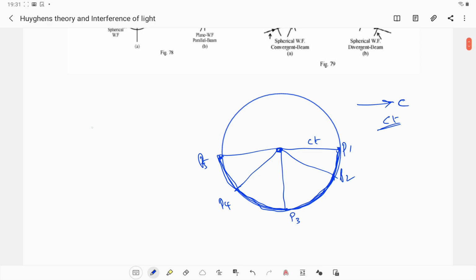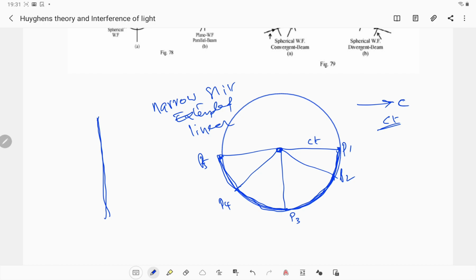Next, if the source is extended or linear or a narrow slit, in this case, this is a cylindrical wavefront.